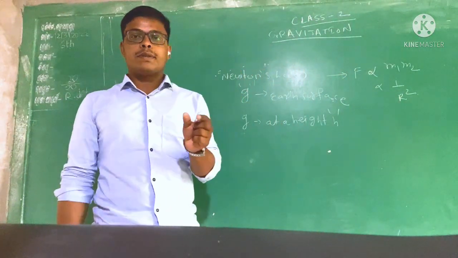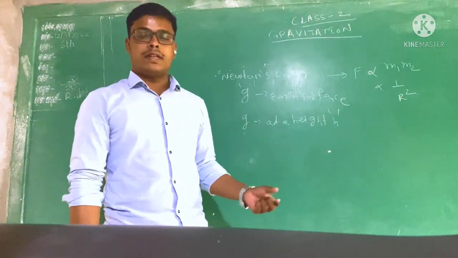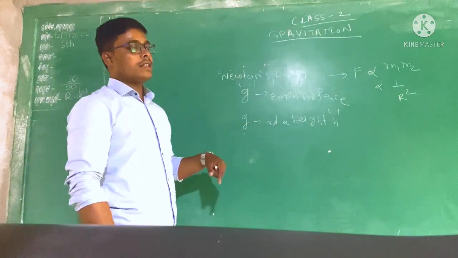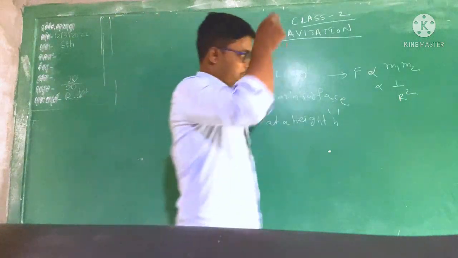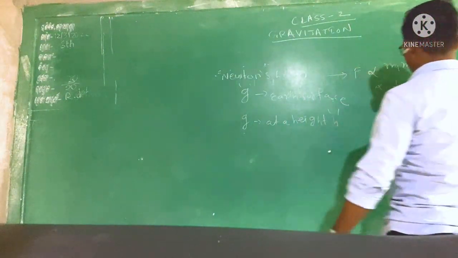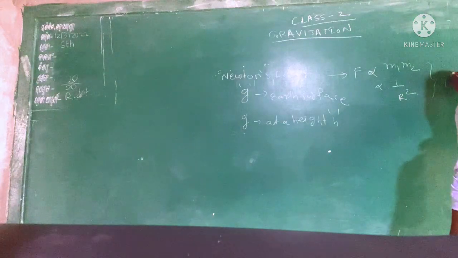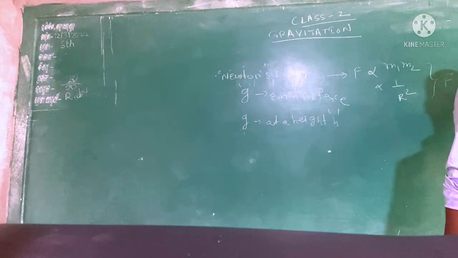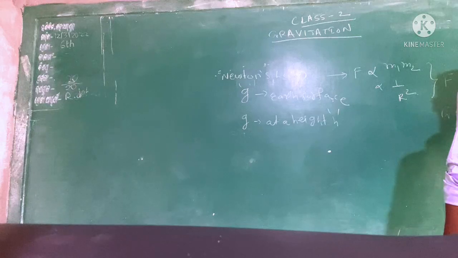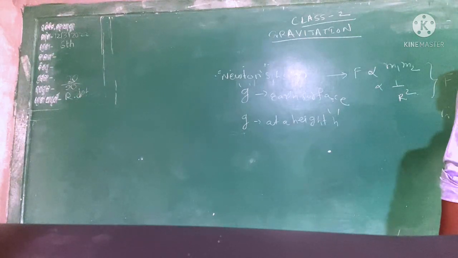So finally we find the gravitational force, that is G m1 m2 divided by r square, and the value of G is 6.67 into 10 to the power minus 11 Newton meter square divided by kg square.